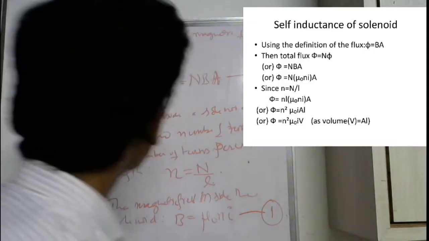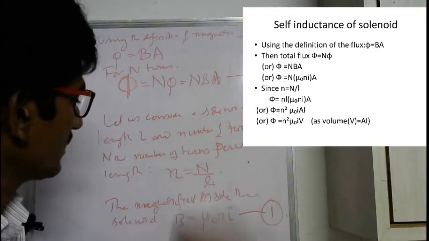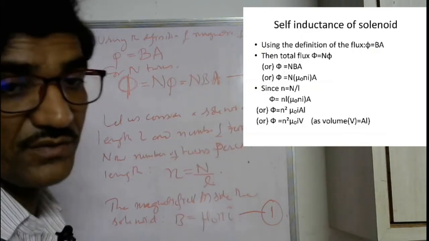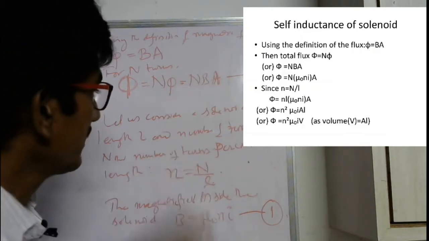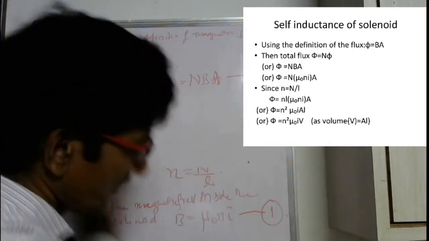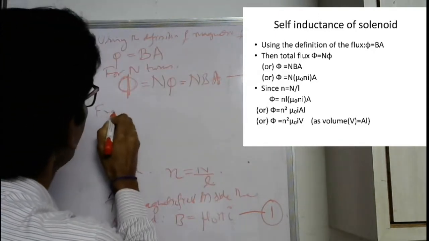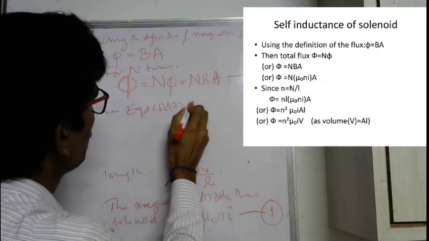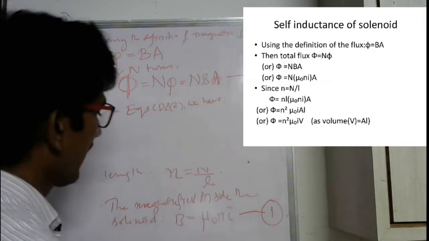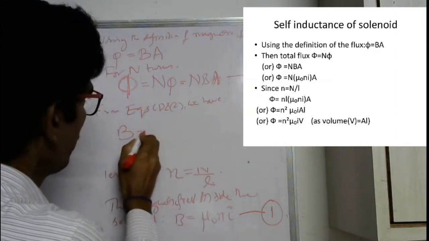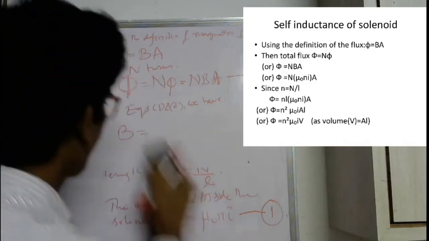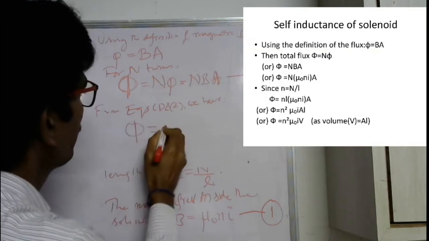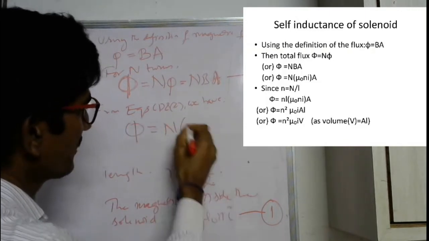Now from 1 and 2, you substitute B from 1 into equation number 2. So from equations 1 and 2, we have Phi, and we are writing B here. What is B from this equation?